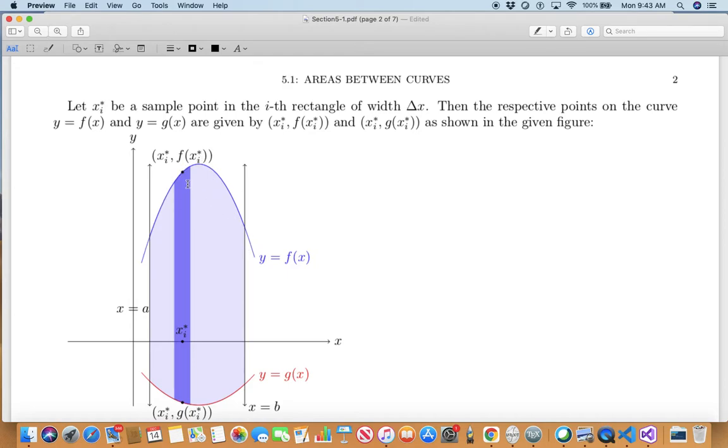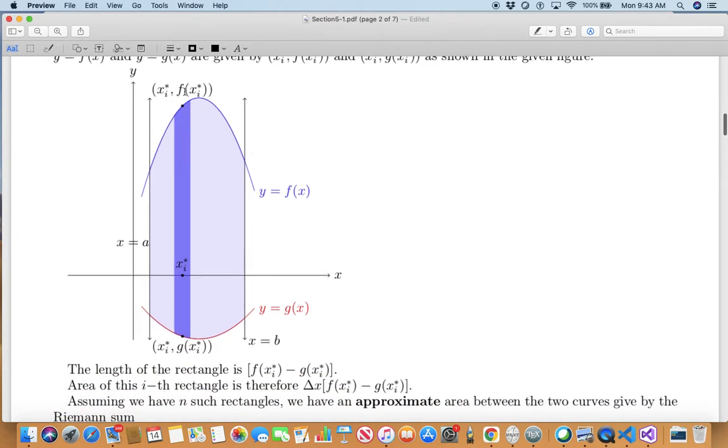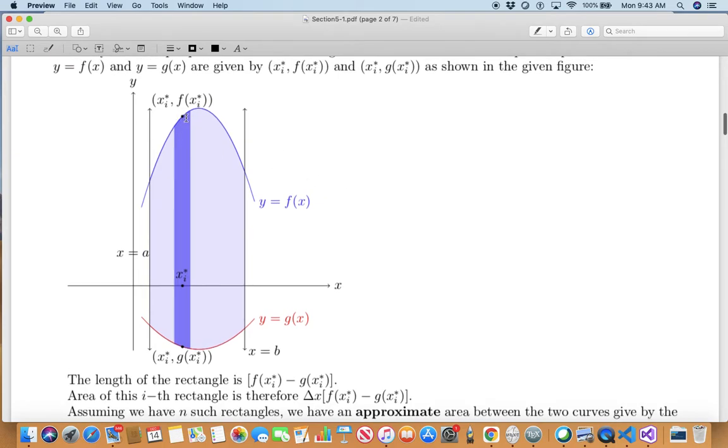On this curve, you have the point xi star, f(xi star), because that's the curve y equals f(x). Likewise, on the curve y equals g(x), y coordinate is g(xi star). So corresponding to that one point, you have a point on your curve, a point on that curve. Okay. Now, you can use height to be that given by that point.